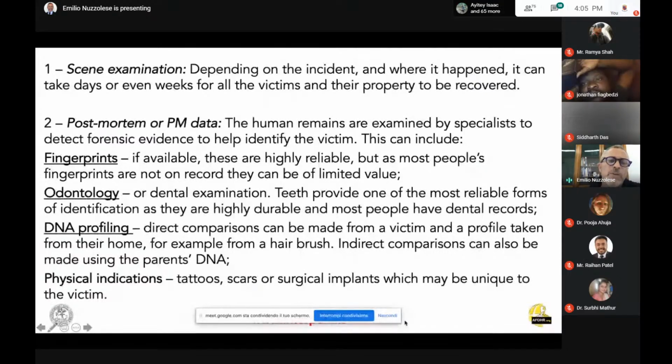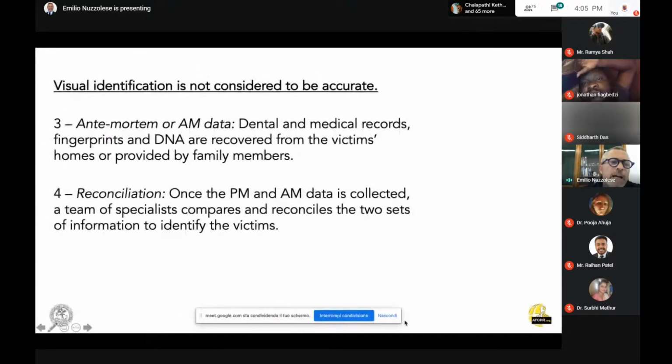This respects the Interpol guidelines, which divide the primary identifiers into fingerprints, dental, and DNA. There is also the opportunity of performing a human identification using a visual identification.